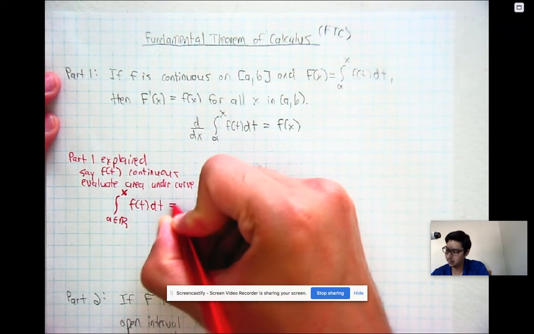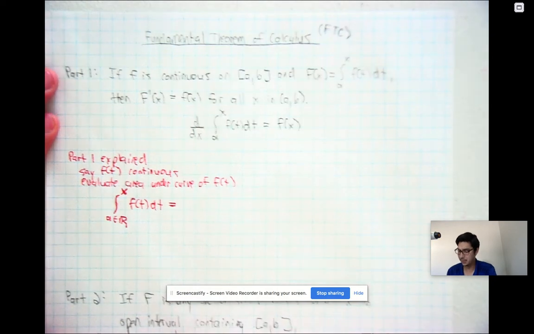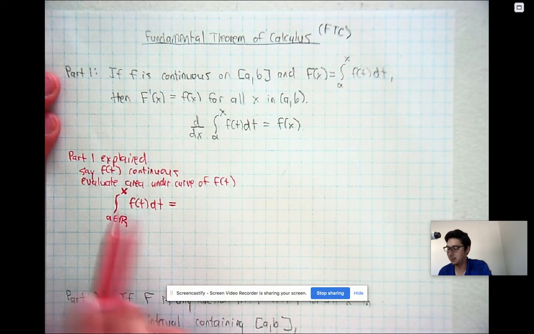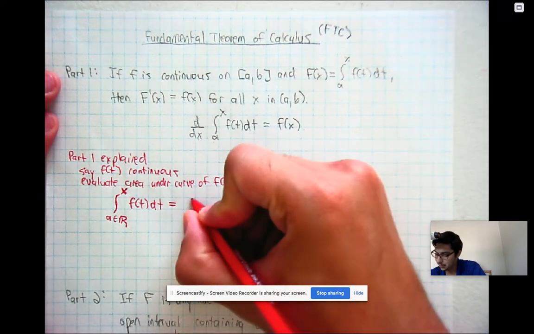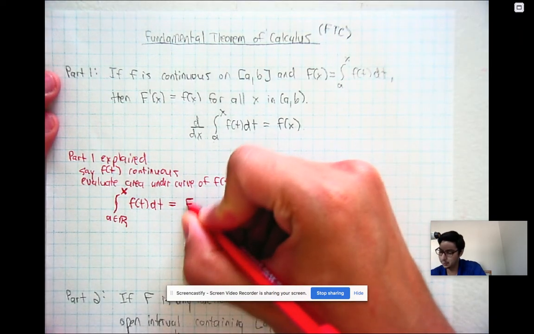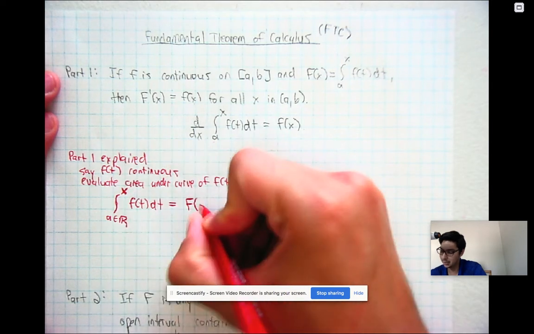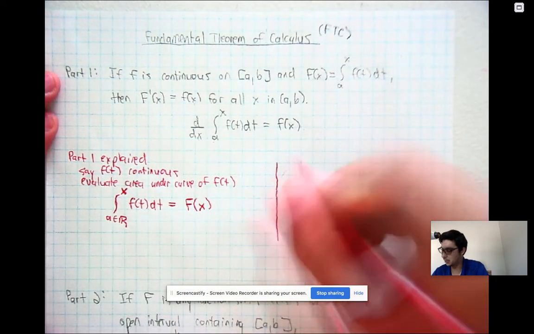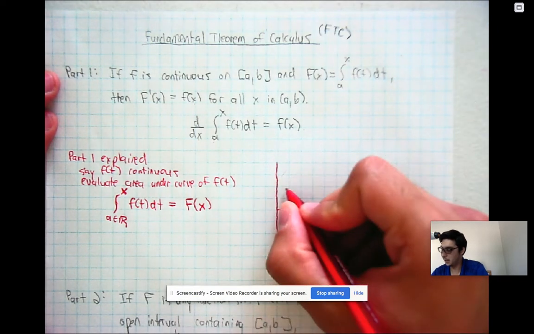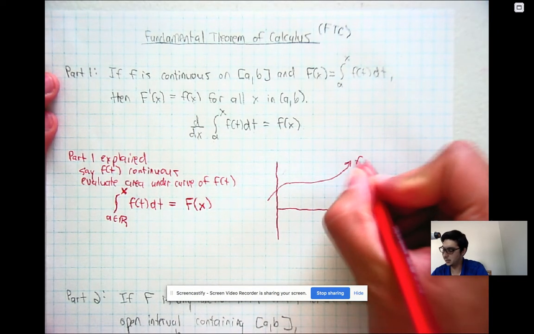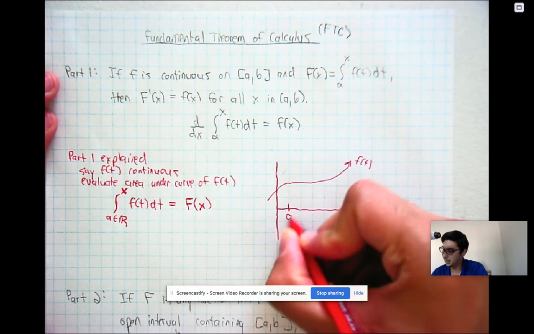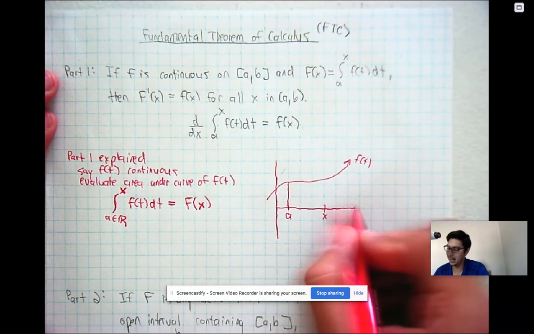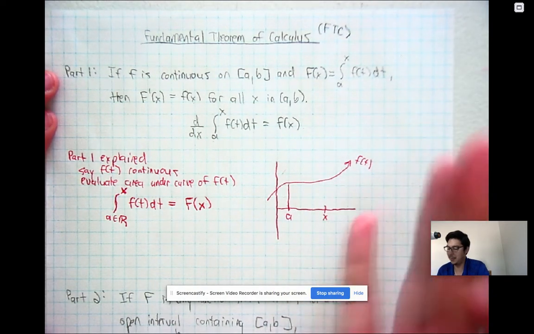Well, remember that to get the area under a curve of a function f of t dt, you end up getting an antiderivative of that function, and it's in terms of x. And it's in terms of x because if you picture a graph of this, and I don't know what f of t looks like, from a to x, well, since x is changing, the area is going to change depending on how x is.